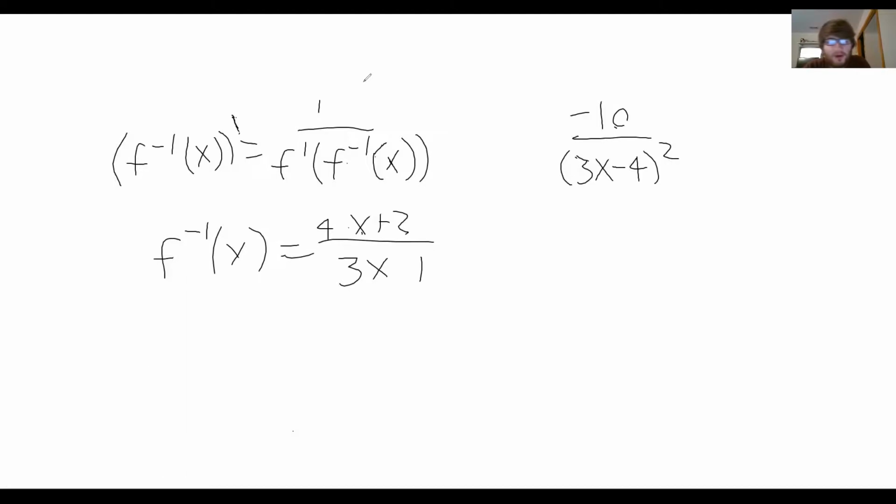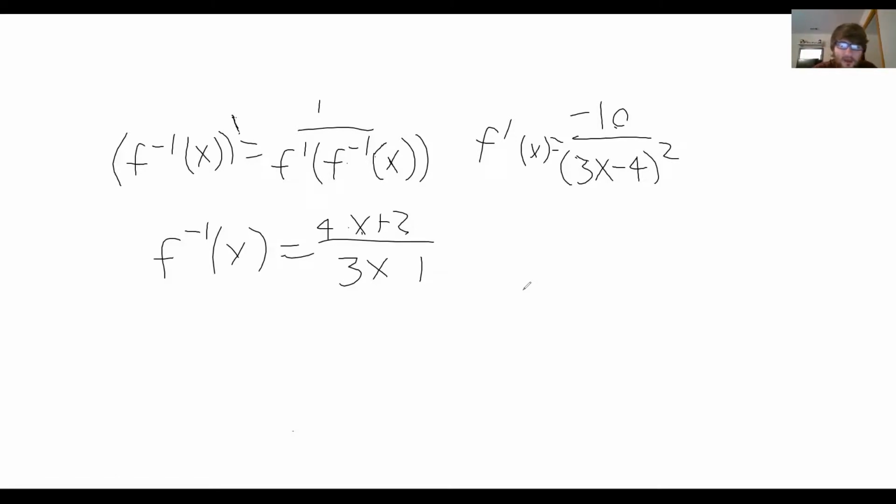So continuing on, this is just our derivative f prime of x that we just found. So now we need to do this 1 over f prime, and then we need to plug this inverse function in for our x, okay? So it's a little weird, but you'll see that it's all going to come together and be the same as we had before.